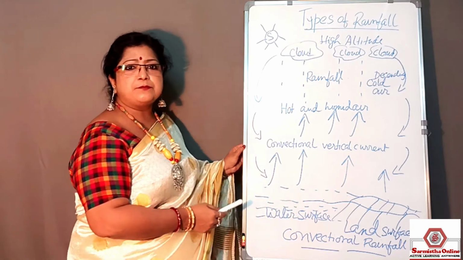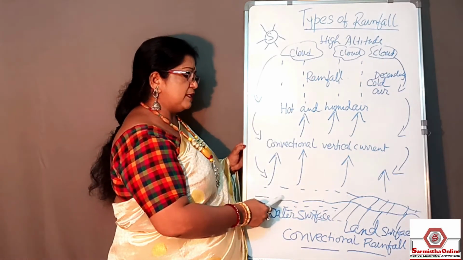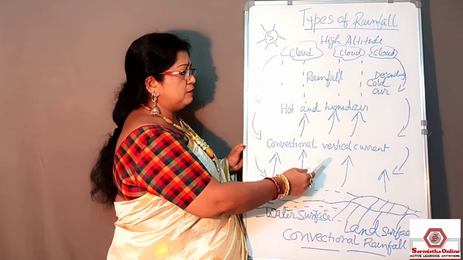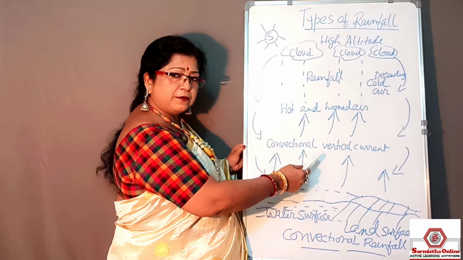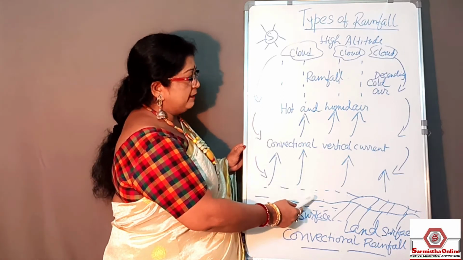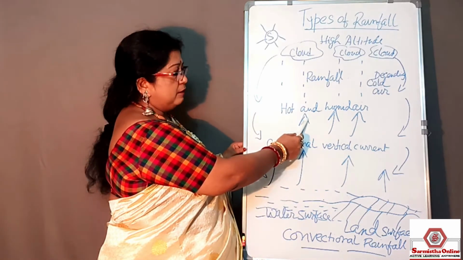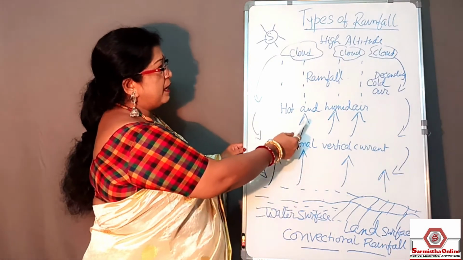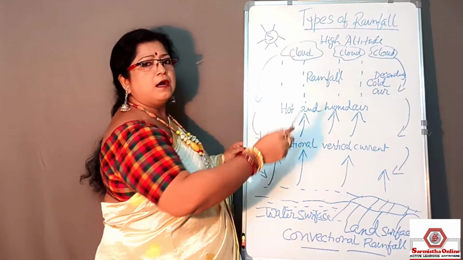So, due to the evaporation, a vertical current, or convectional current, is formed, and the hot and humid air, which is actually the water vapor, goes up and comes in contact with the high altitude.